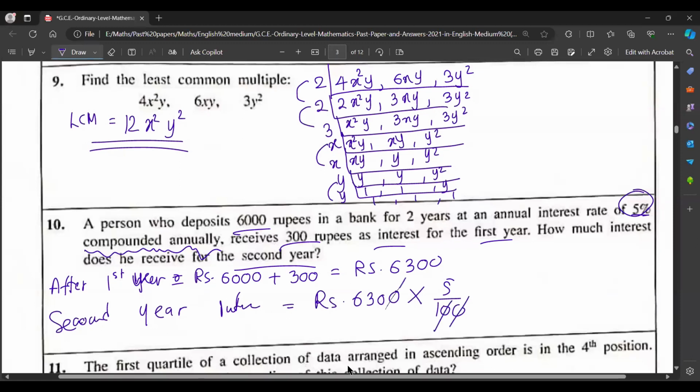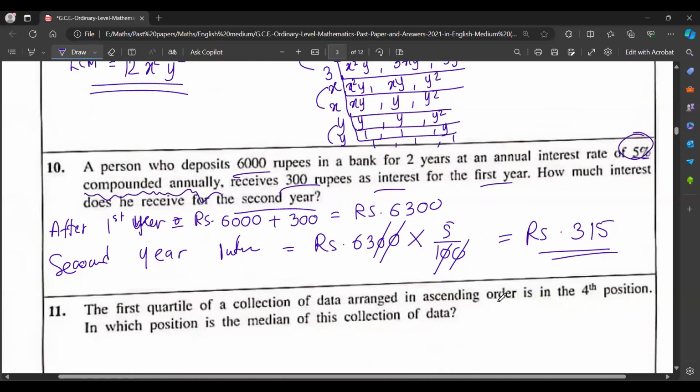Now 2 zeros and 2 zeros may be cancelled. 63 into 5, 60 into 5 is 300, and 3 into 5 is 15, so 315. Yes, it is 315 rupees of interest for the second year.